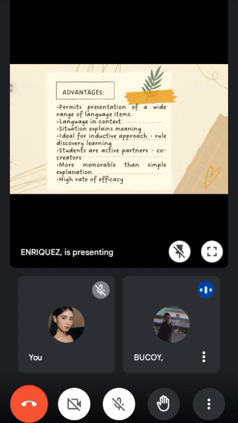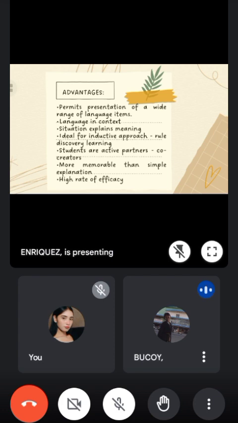Students are active partners, co-creators. So students are becoming more interested in what the teacher sets up in the lesson. More memorable than simple explanation. This makes it less dry than a traditional grammar explanation.